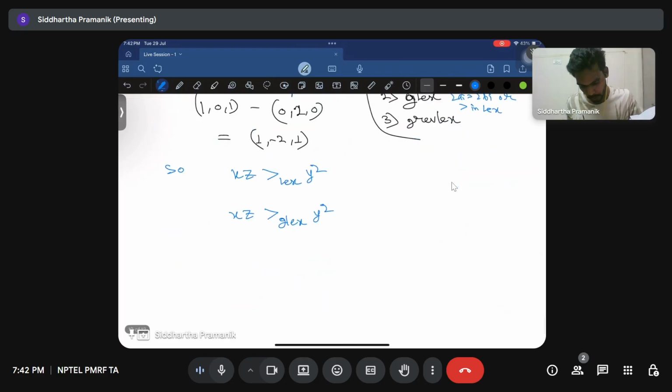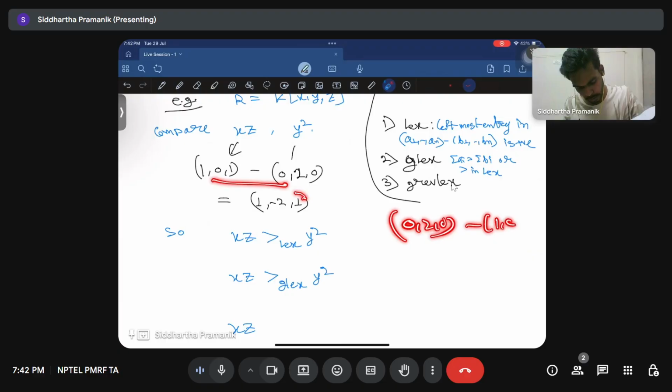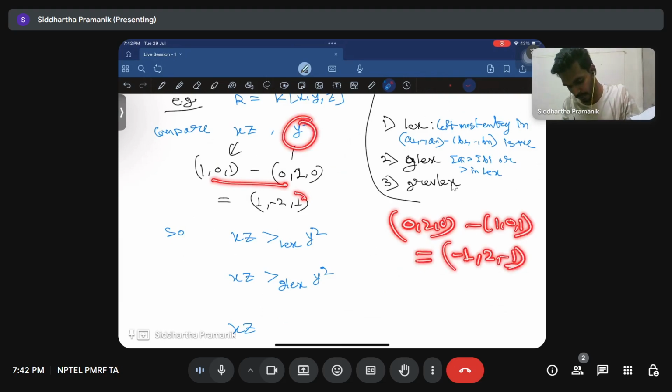But what about grevlex? The total degree is the same, so we need to check the rightmost nonzero entry. Taking 0 2 0 minus 1 0 1, the difference is minus 1, 2, minus 1. In this case the rightmost entry is negative, so this must be the bigger.